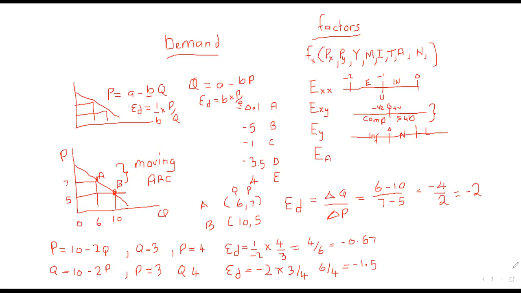Finally, just give me a minute, I have another class. You'll be given an equation like this: 2 minus 3Px plus 4Py plus 10M.